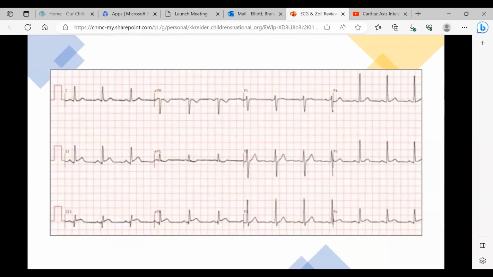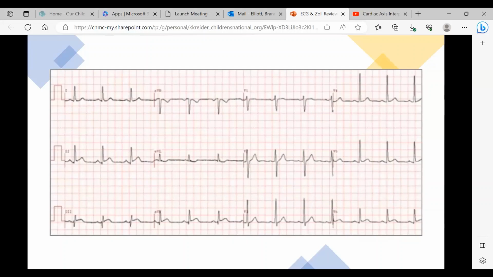It looks like up, so normal axis. It looks like a normal pace. It looks like... okay, what am I missing?